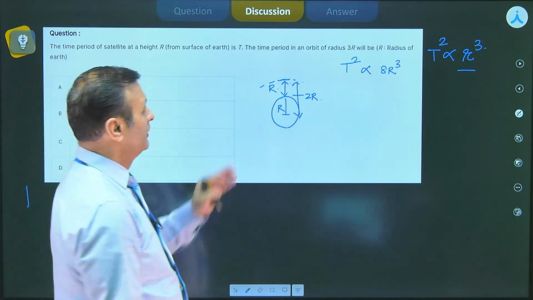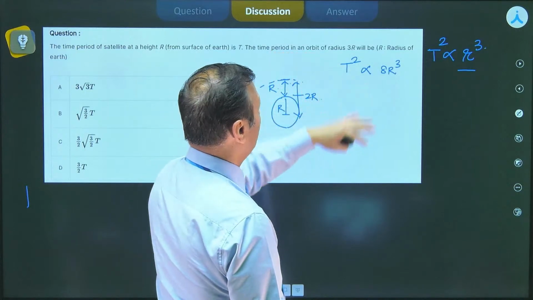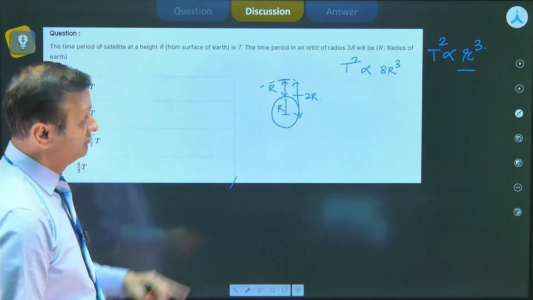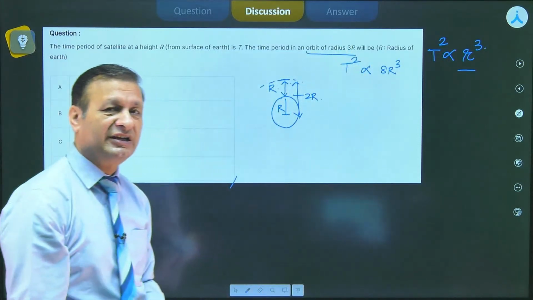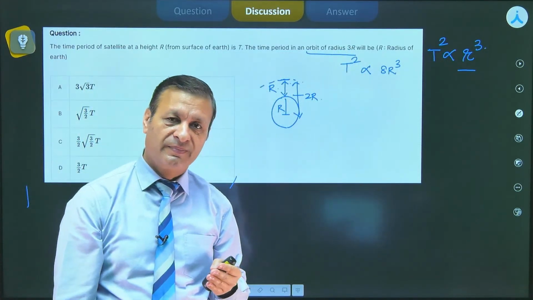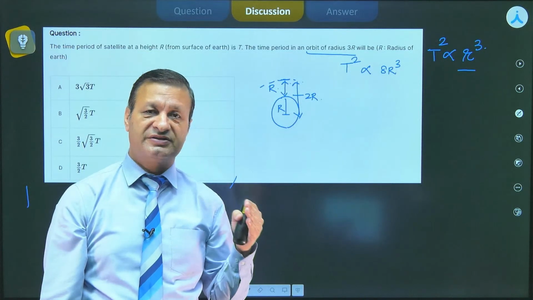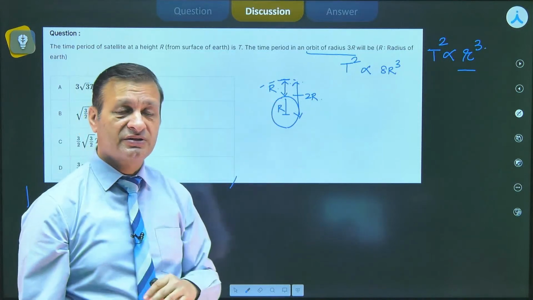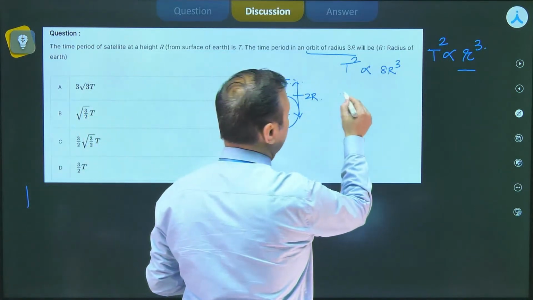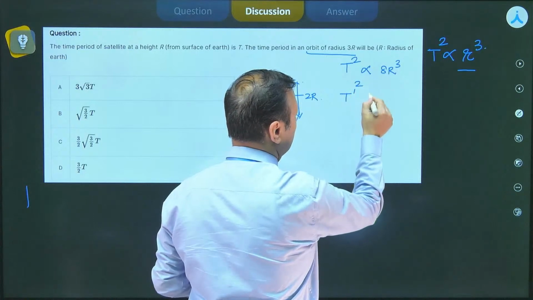Now, the time period in an orbit of radius 3r. This is not stated at a height. The question itself says this is the orbital radius. So this small r is given to us. Let's call this T dash.